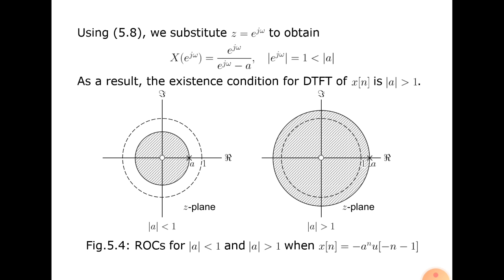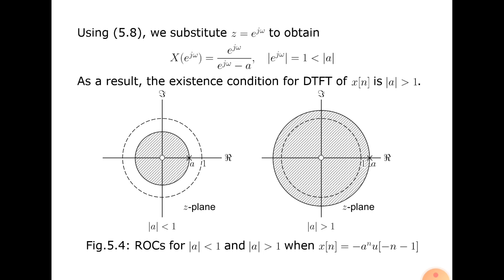In the case of the second one, we have a Z plane with real and imaginary axes, and modulus of a greater than 1 means it is the exterior part of the Z plane outside the unit circle.